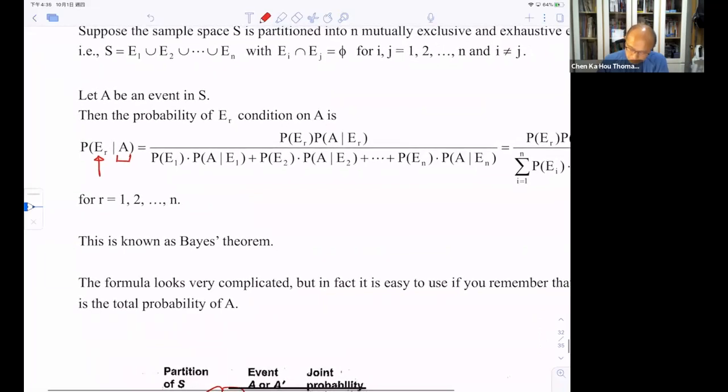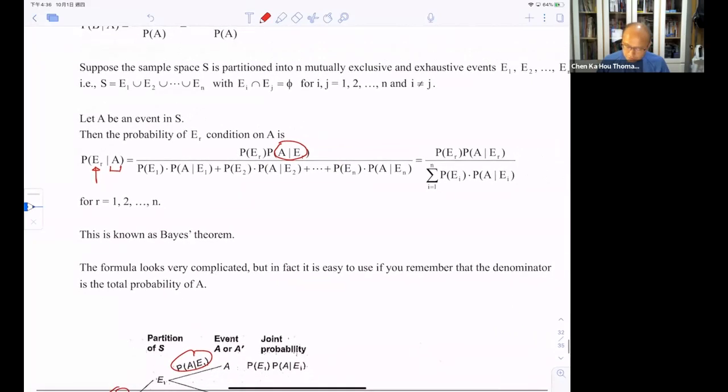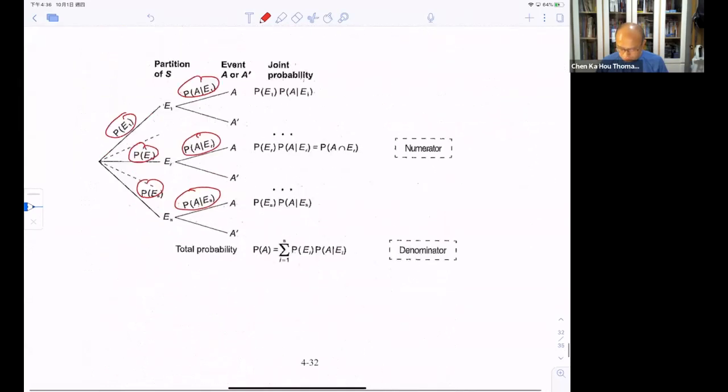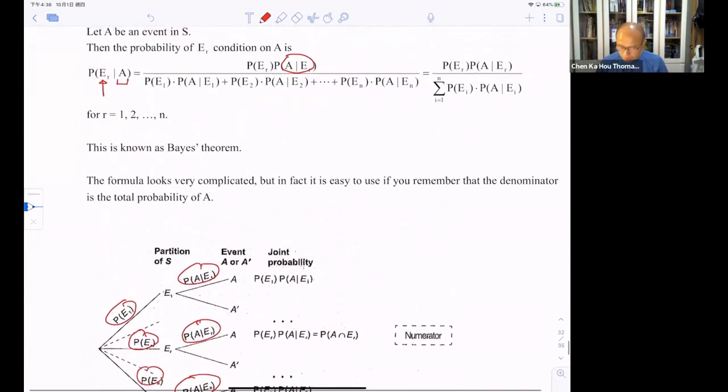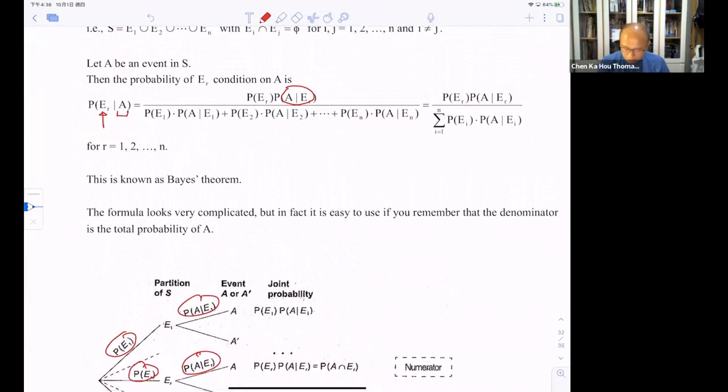You see that the two letters are reversed in position. So to find it is pretty simple. If you know A given E, how do you obtain E given A? That is the Bayes theorem I want to say. Using this, you can find it.